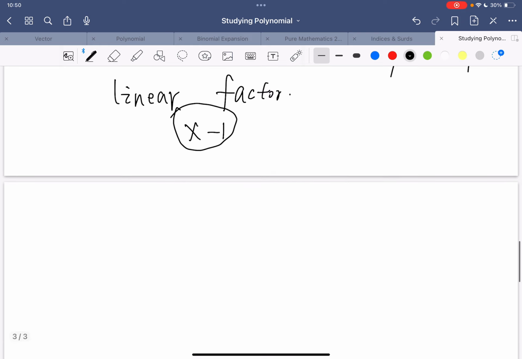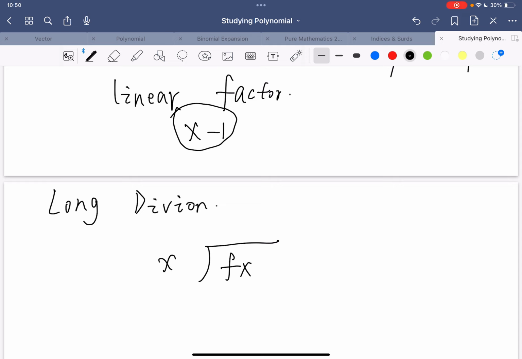At this point, you can use long division to find the others. So you use f(x) long division divided by x minus 1, and the quotient will be another factor.